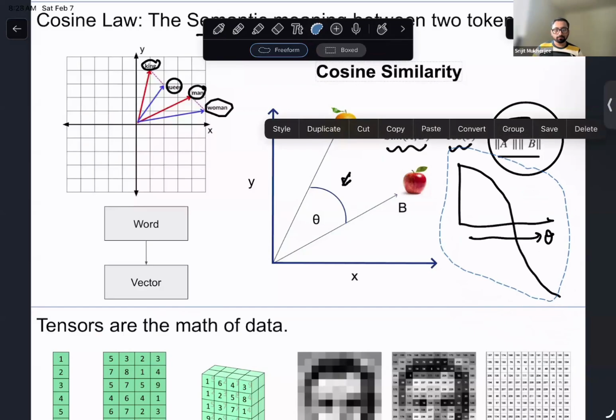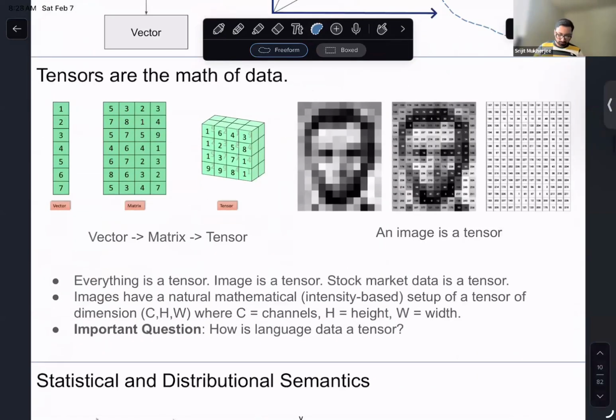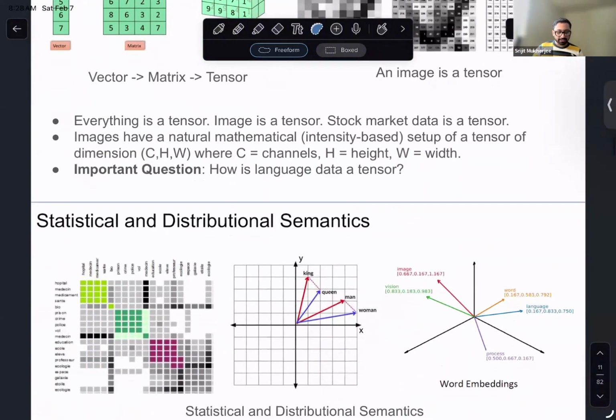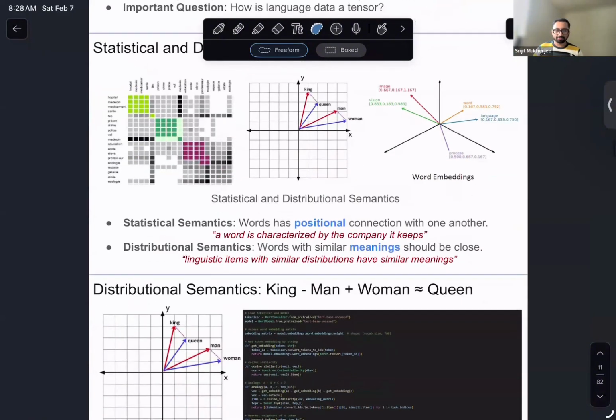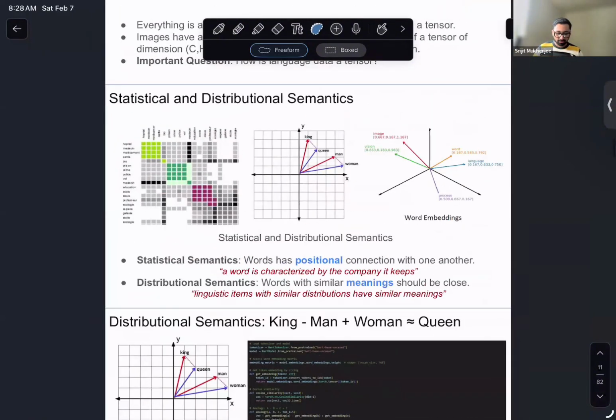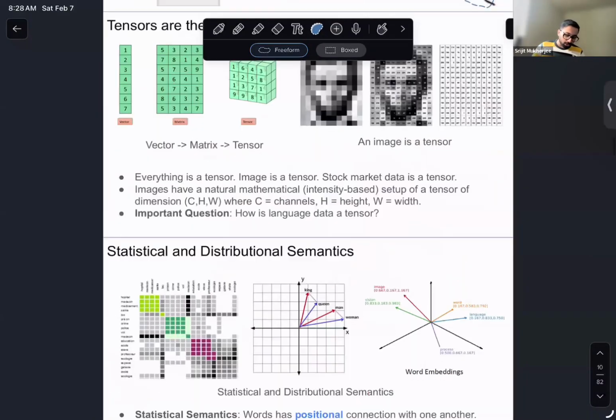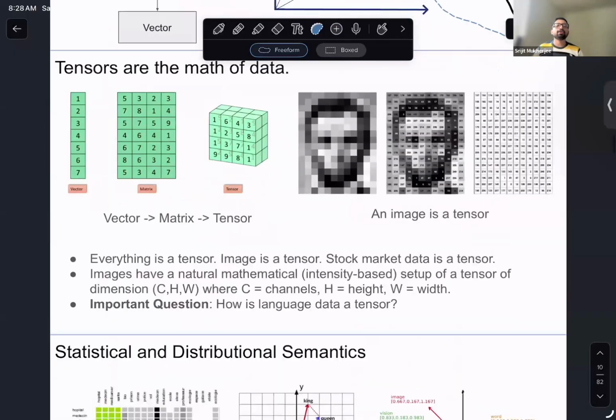Okay. So we are almost close towards the end of the first half, and you can see it's almost 1 hour. As you probably have understood, vectors are the very fundamental of data, the math of data.